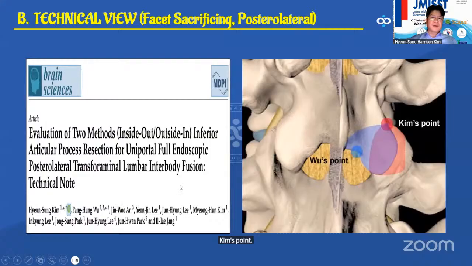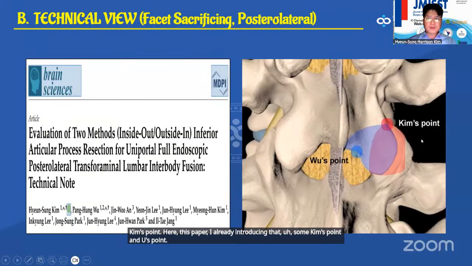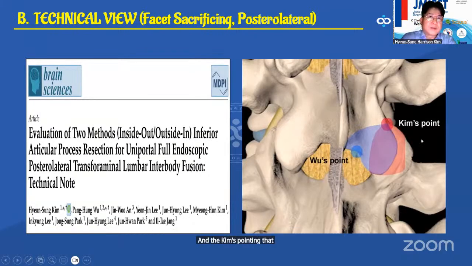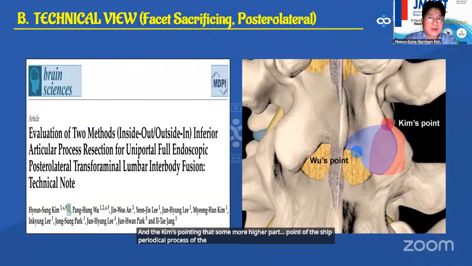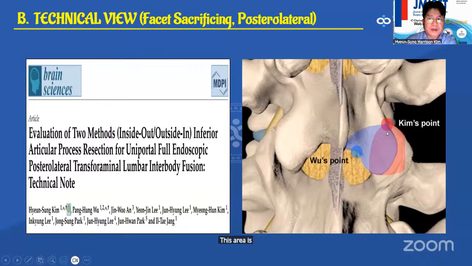In this paper, I already introduced Kim's point and Wu's point. Kim's point means the highest point of the superior articular process at the lateral border of the facet area. This is the most superior part of the SAP, and it is named Kim's point.